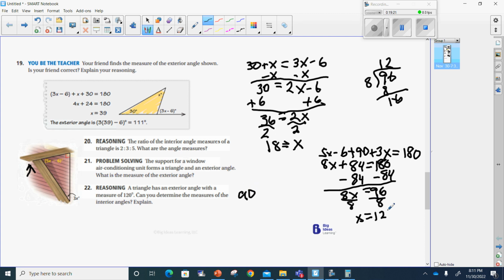I know that if x is 12 and this is 3x, this is really 3 times 12. That's 36. So now I have to add these together, 90 plus 36. Remember, this was 3x, right?